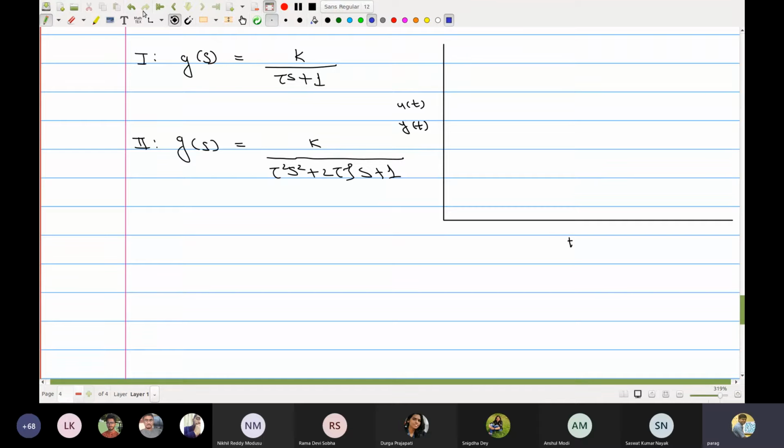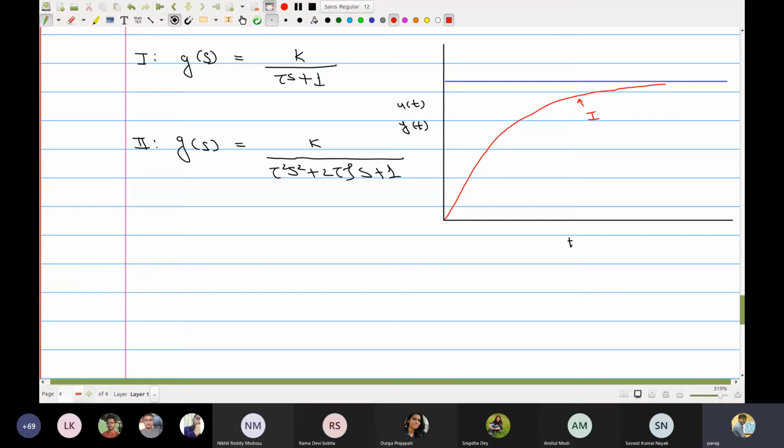If you subject your system to a unit step change, then for a first order system you will always find that the dynamics look like this. Let me make it a little more drastic so that we can see it properly. It looks like this. This is first order, always.